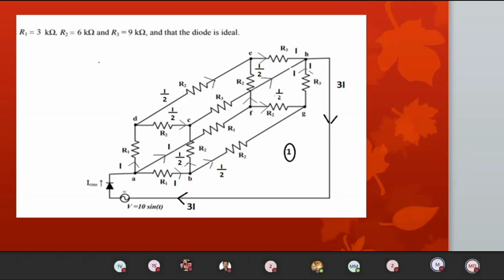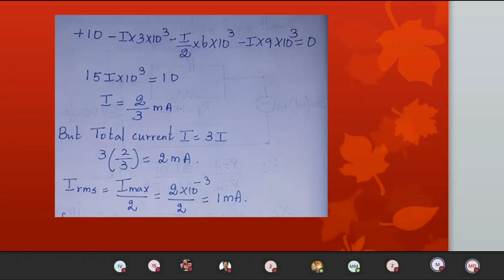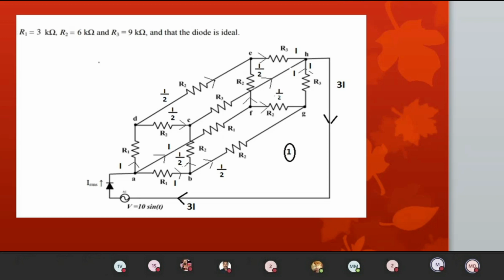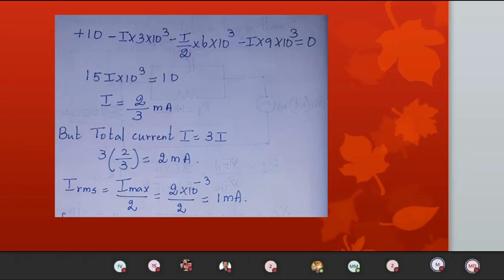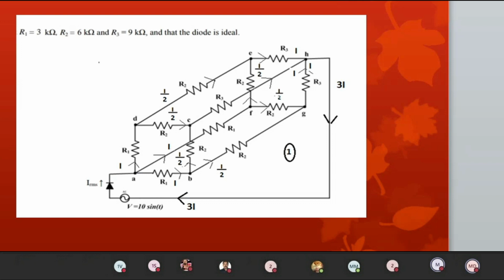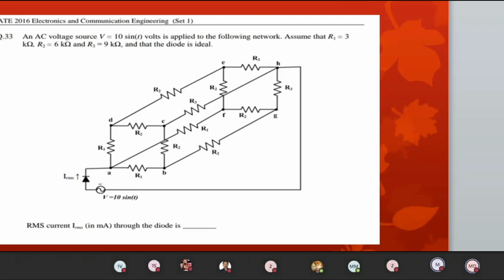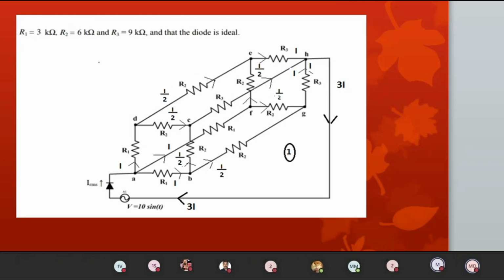Okay. Now let us apply KVL at loop 1. Sum of potential rise plus potential drop is equal to 0. So I'm going to apply that rule now. Plus 10. Why plus 10? Voltage is 10 volts, AC voltage 10 volts. Even though it is AC, for applying Kirchhoff's voltage law, we are putting a sign notation.